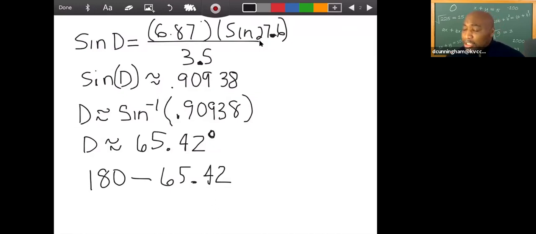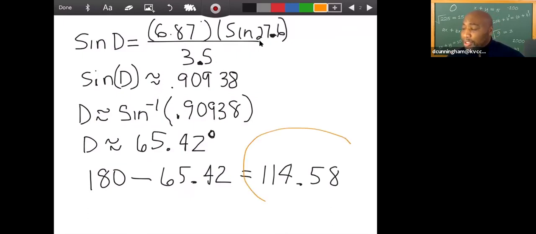So in this case, I'm going to do 180 minus the 65.42. This will equal 114.58 if I did my math correctly. And that will be my answer for this particular problem.